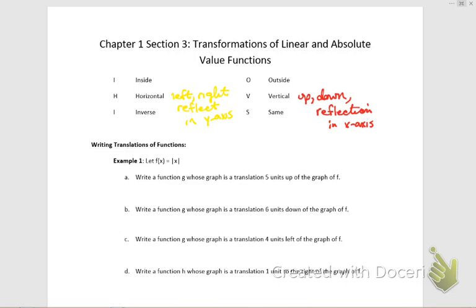So first, we're going to write a function whose graph is a translation 5 units up. Well, because it's going up, it's vertical, which means it's going to go outside. Okay, it's going to go outside of our function.